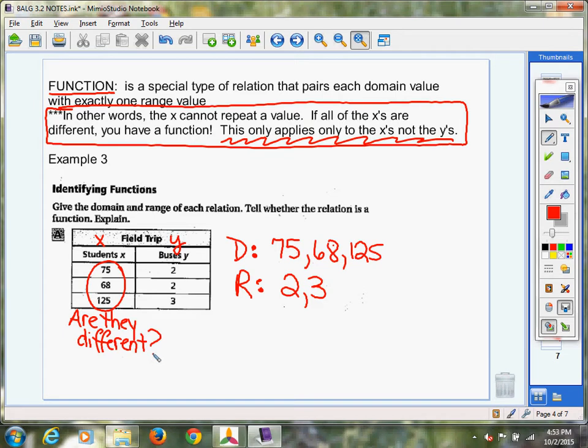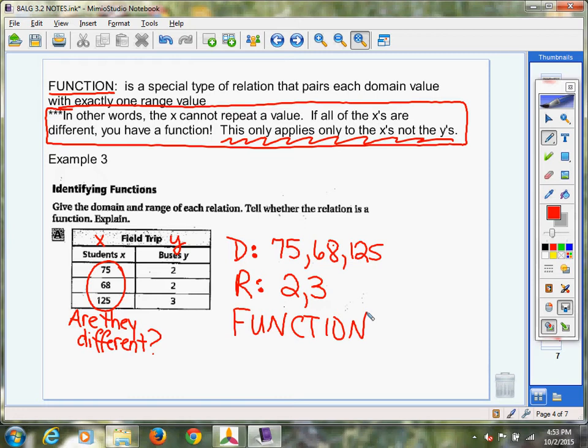And they are. 75 is different from 68, which is different from 125. There's 3 different numbers. This is a function. And so that's what you would write. Okay, so we listed the domain. We listed the range, although we didn't write any repeated values, that's okay. And because the x's were all different, none of them repeated, we have a function here.